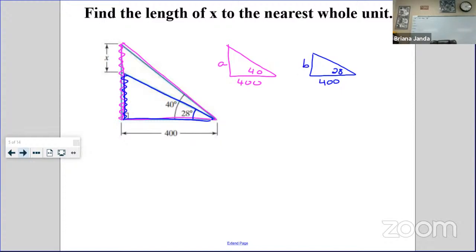Well, it becomes the difference between them. Once we find A and B, I'm going to take A minus B, and the leftover is this piece up here, which is what they are calling X.